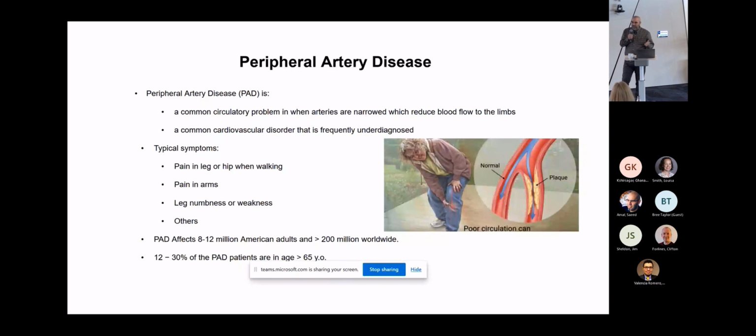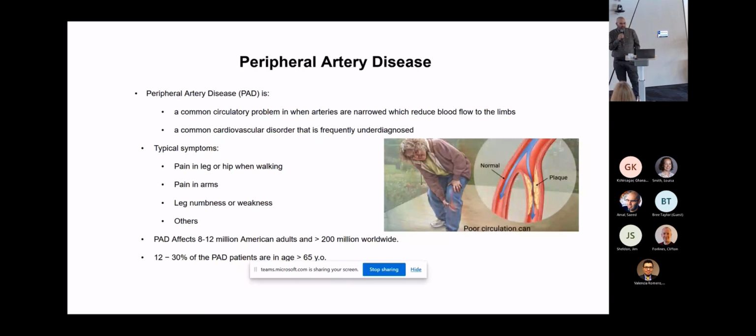Some typical symptoms of this disease are pain in the leg and hip while walking, pain in the arms and legs, numbness, weakness, and some other symptoms. I try to keep it high level without too much technical stuff.